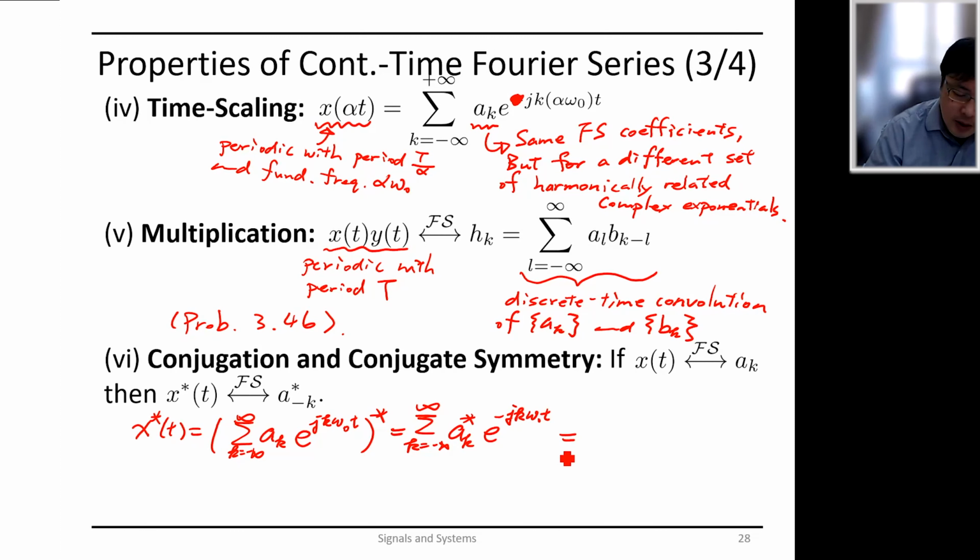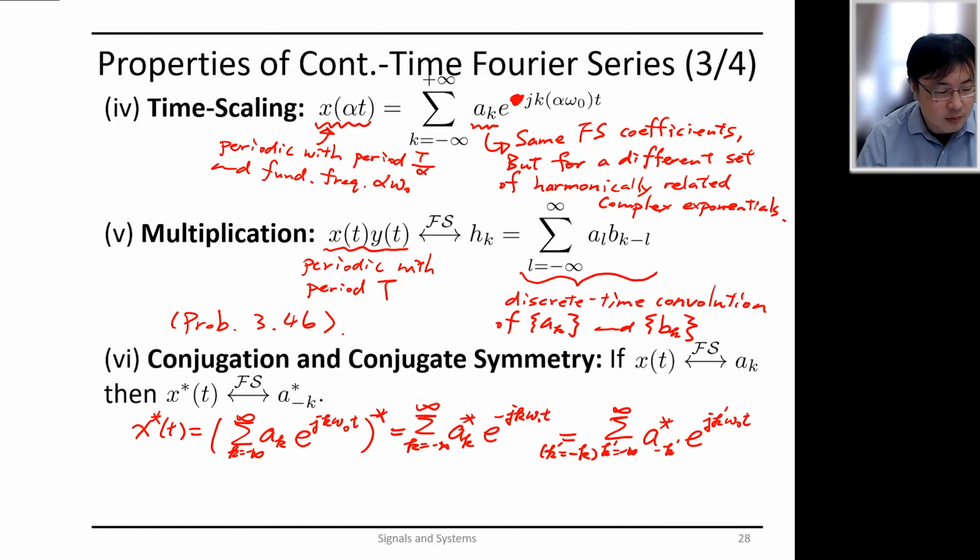Then by change of variable, where you set k prime equal to minus k, you get summation k prime from minus infinity to infinity a sub minus k prime complex conjugate e to the j k prime omega naught t. So this shows that the Fourier series coefficient of x of t complex conjugate is equal to a sub minus k complex conjugate.